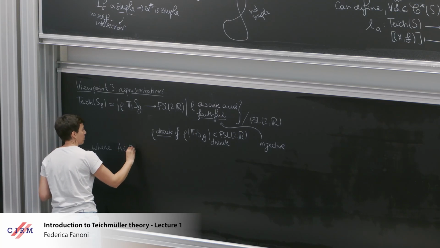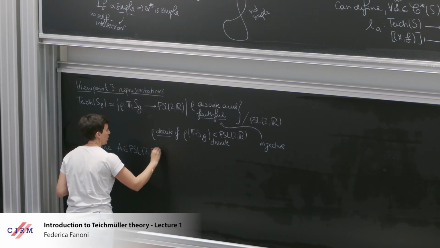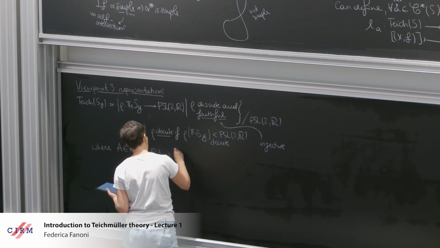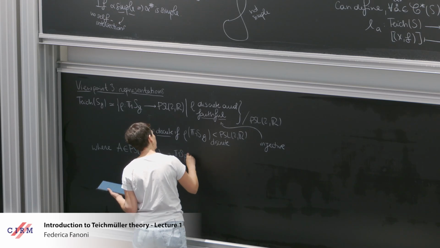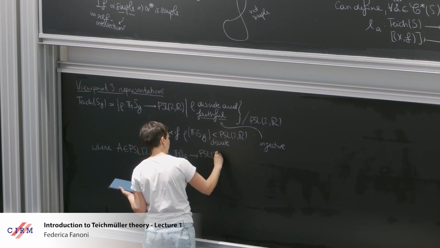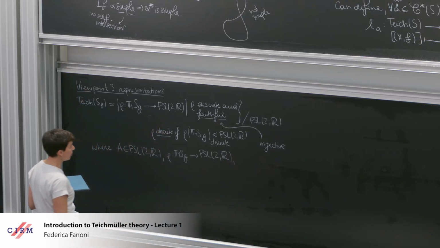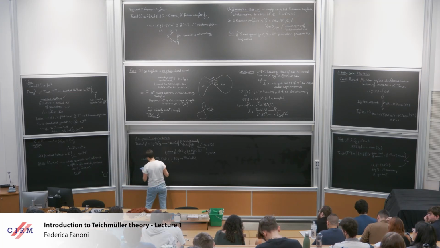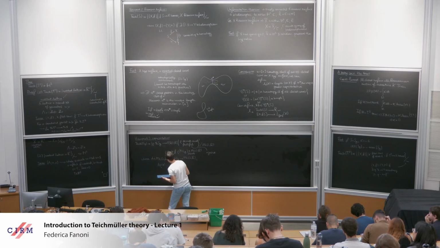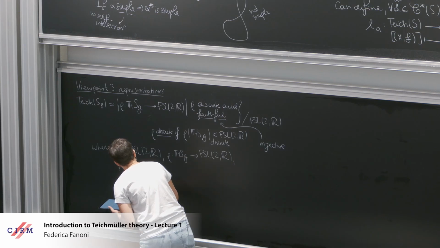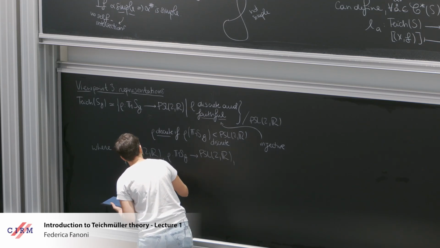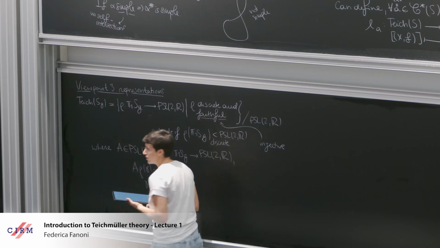So if I take a matrix A in PSL2R, and I take a representation here, I get a new representation by conjugating the image of every element via A. So this, where gamma is in pi1 of S_g, is A rho(gamma) A inverse.